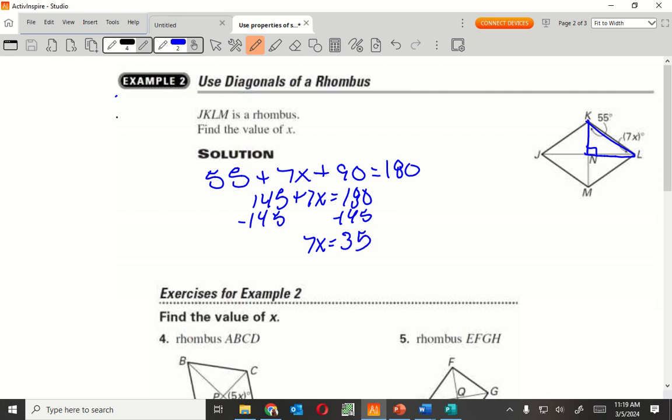And now I have to divide both sides by that 7. Very good. So x is 35 divided by 7, which is 5.